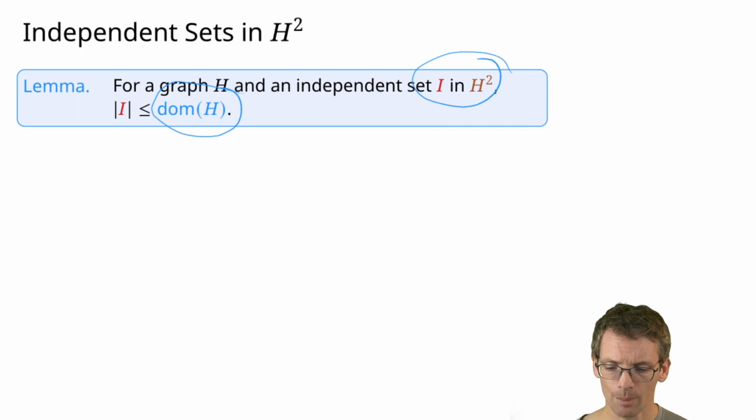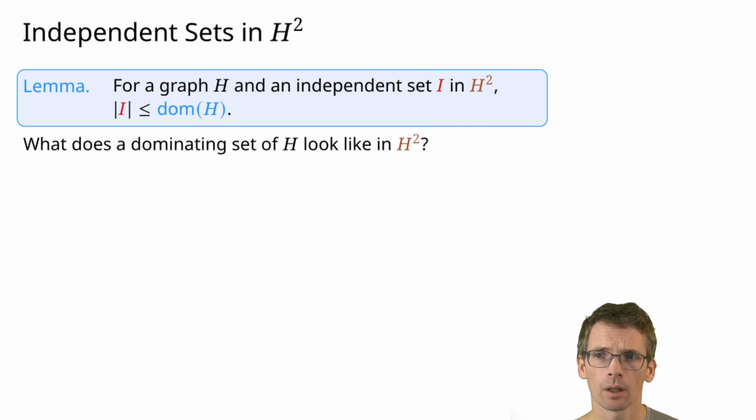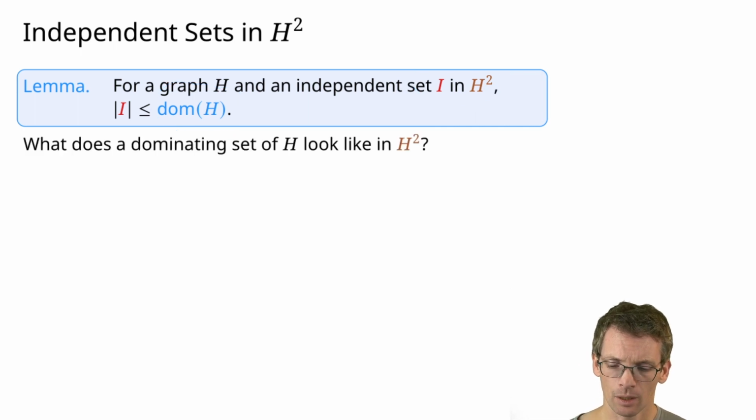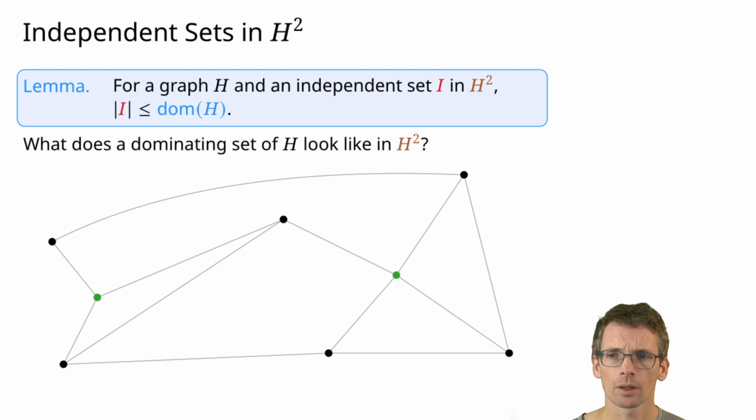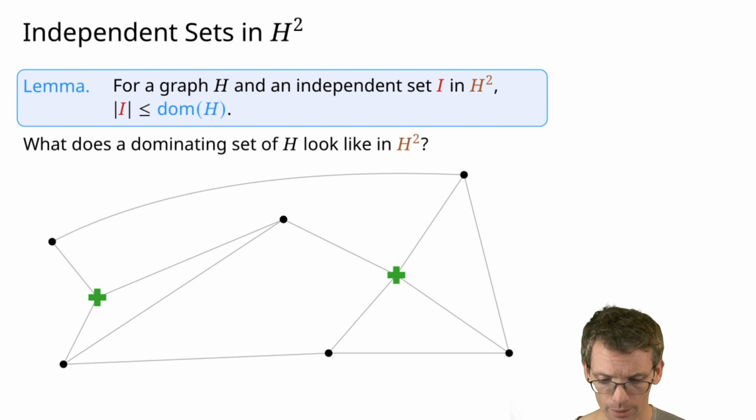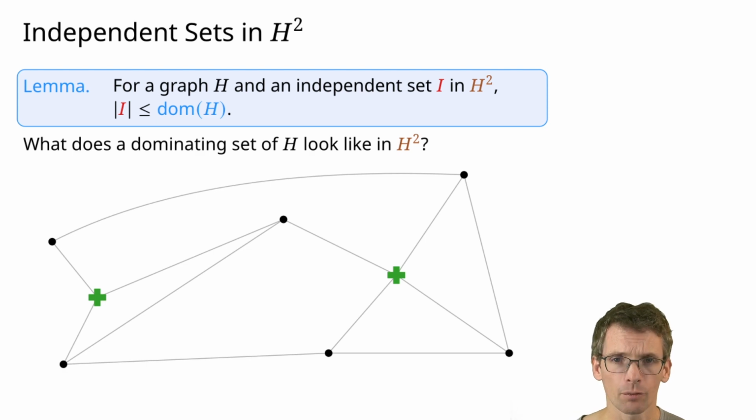To prove this lemma, we should look at how a dominating set in H looks in H squared. So let's have a dominating set in H. Those two green vertices, if this is H, are a dominating set. A way to look at dominating sets is the following.